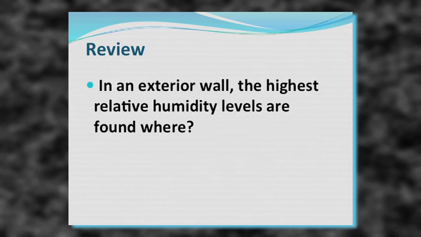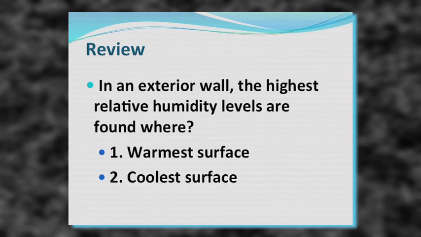In an exterior wall, the highest relative humidity levels are found where? On the warmest surface or on the coldest surface? On the coldest surface, because as temperature goes down, relative humidity goes up.